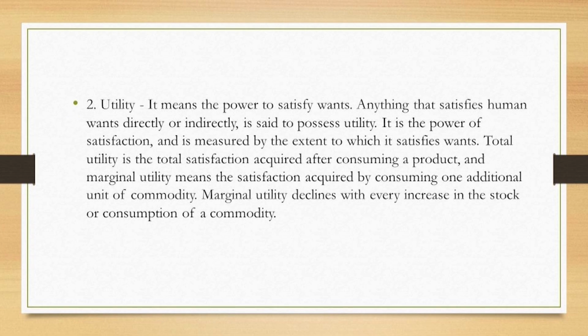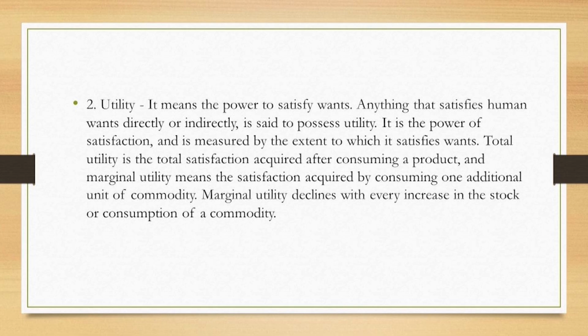Another part of economics is the utility. That means the power to satisfy the wants. How much utilization are these goods to human beings? That is the question. Anything that satisfies human wants directly or indirectly is said to possess utility. It is the power of satisfaction and is measured by the extent to which it satisfies the wants.